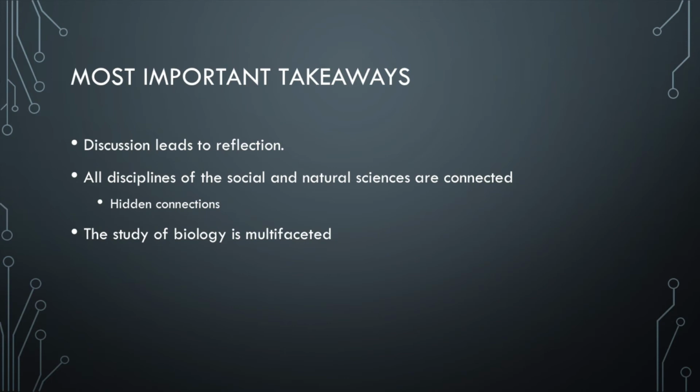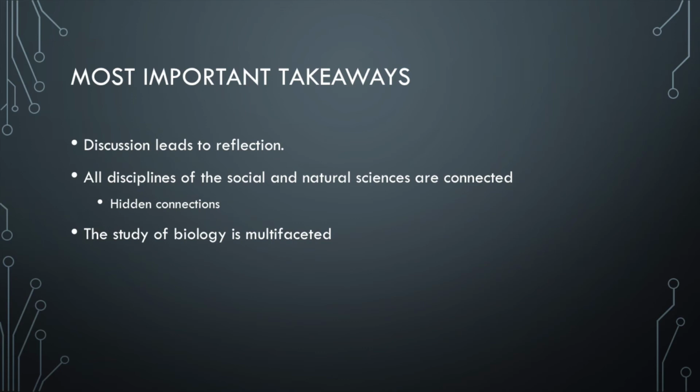Another thing that I took away is that all the disciplines of the social and natural sciences are connected. And a lot of these connections are hidden. So just like a lot of ecological interactions or reproductive processes that may not seem so obvious, the social and natural sciences are very much connected.